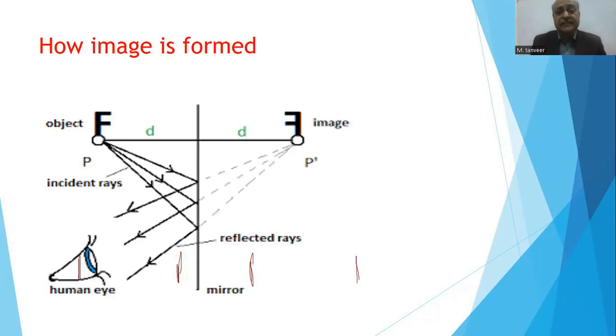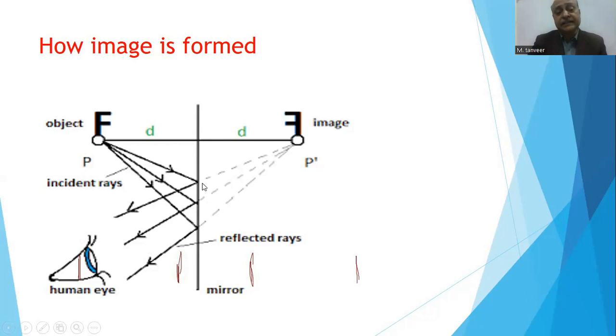When rays of light fall on this object, there are millions of rays coming from the source, but I considered only 3 rays. Ray 1, 2, 3. These rays fall on the mirror and bounce back. This is the reflection. The second ray also falls on the mirror and bounces back. The third ray also falls on the mirror and bounces back.